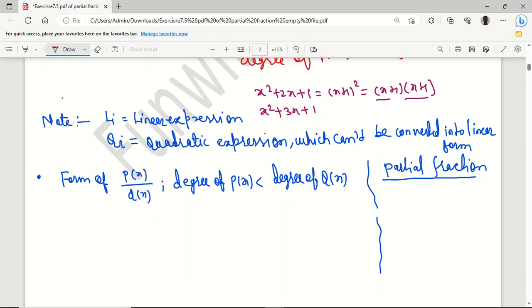The discriminant is b squared minus 4ac, which will be root 5, so we will not be able to convert this.